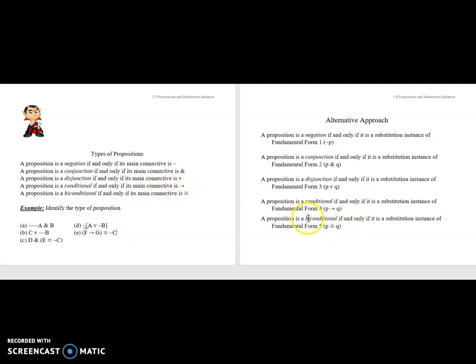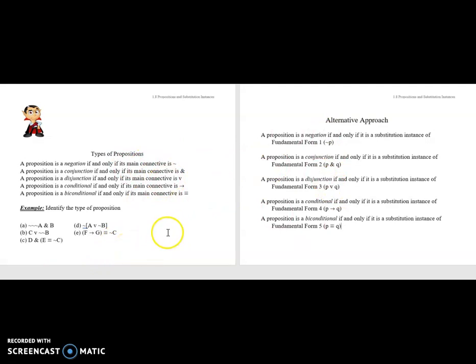But if we were to define it this way, a biconditional, it means you're a substitution instance of fundamental form 5, then notice this would be the value of P here, and not C would be the value of Q. And so this proposition is indeed a substitution instance of fundamental form 5, and therefore this proposition is, by this way of defining things, a biconditional. So these different ways of defining it completely overlap, okay, is the point.